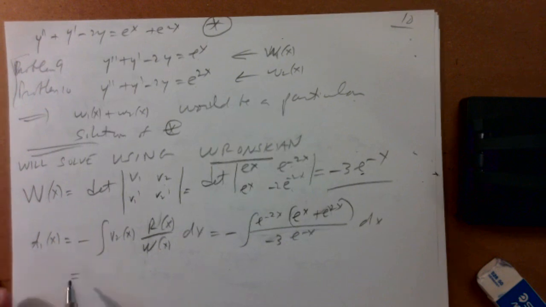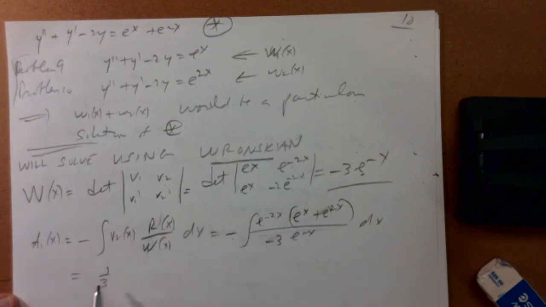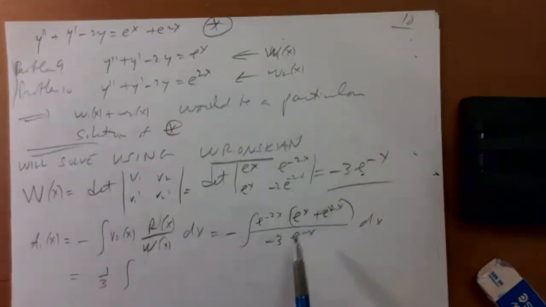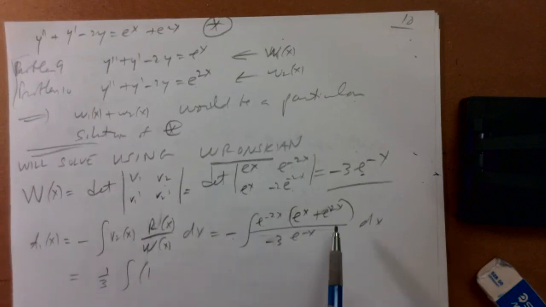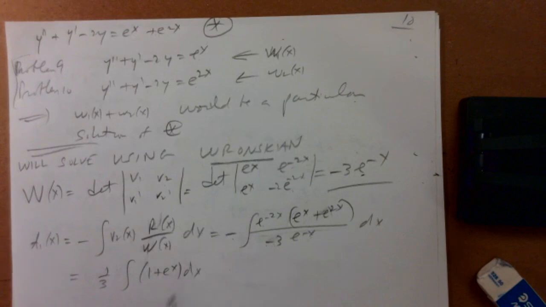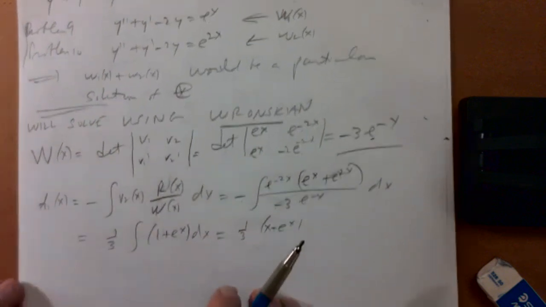So this is equal to minus times minus is plus 1/3 the integral of e to the minus 2x times e to the x, which is e to the minus x, over e to the minus x is 1. And this is 1 plus e to the x, dx. So when I integrate, I get 1/3 of x plus e to the x. That's T1.